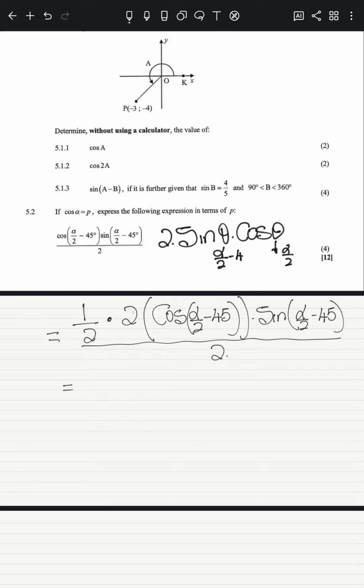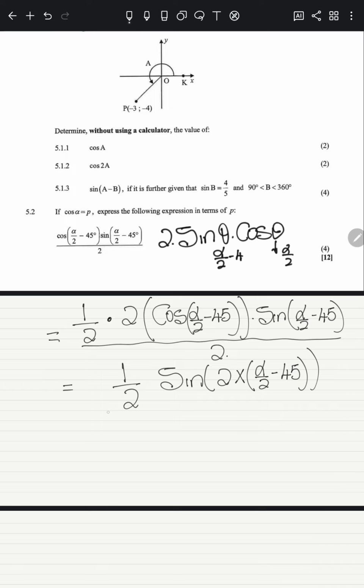Then I'm going to take this 2 inside. I've got 1 over 2, and when I take 2 inside, I'm going to have sine of 2 multiplied by the angle, which is alpha over 2 minus 45.